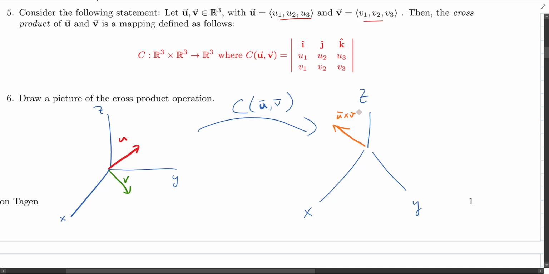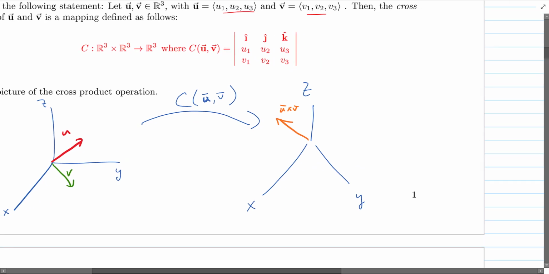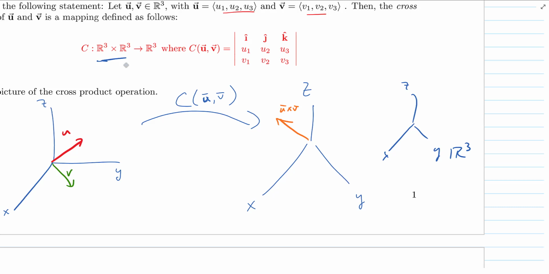Okay. So again, usually when you look at a diagram in a book, they will put all of this in just one x, y, z plane, and there's nothing wrong with that. But I want to emphasize that the cross product is an operation that takes two vectors in R3 specifically, and outputs another vector in R3. In a book, I think this is a very good way to represent the cross product.